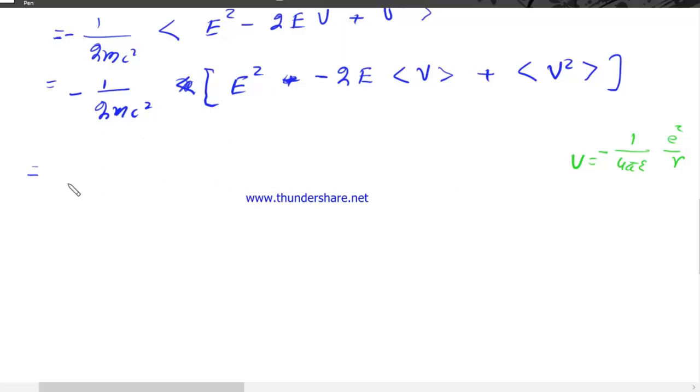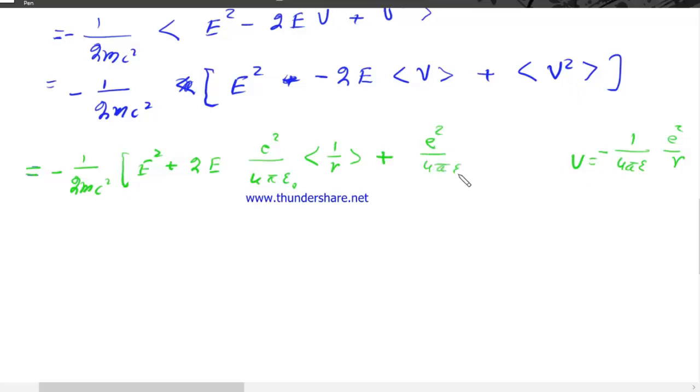Now the equation is converted as minus 1 over 2 m c square into E square minus 2E, and this term becomes positive, e square divided by 4 pi epsilon naught, these are constant, and the expectation of 1 over r, plus the v square term, e square divided by 4 pi epsilon naught whole square, and then the expectation of 1 over r square.